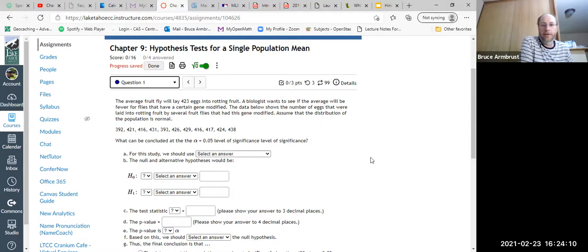Okay, so the data below shows the number of eggs that were laid into rotting fruit by several fruit flies that had this gene modified. Assume that the distribution of the population is normal. Okay, so what can be concluded at the alpha equals 0.05 level of significance? All right. So important we say it twice.